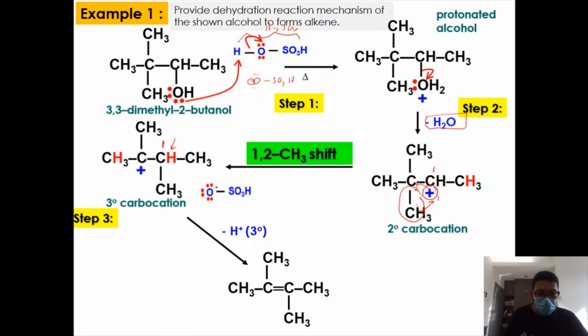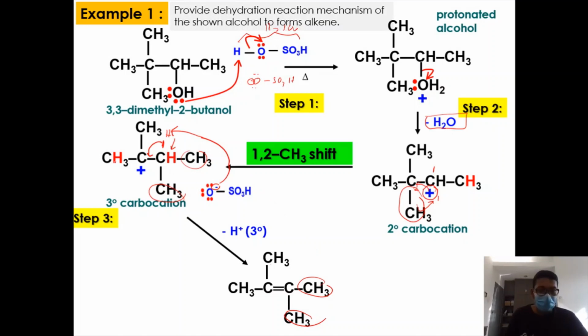So if we were to expand the structure, we can bring our negative charge to this side, and this is going to break the bond and put it to the middle of here. So that is why you will get C, C, C, double C attached with 2 methyl groups. Alright, so that's for step number 1.